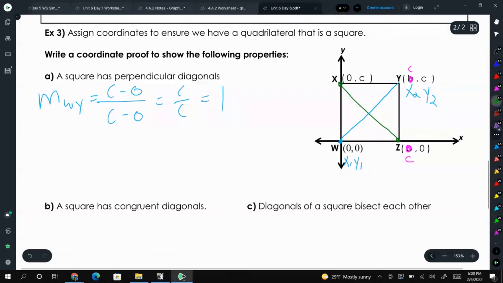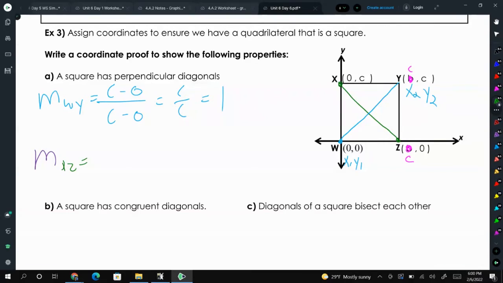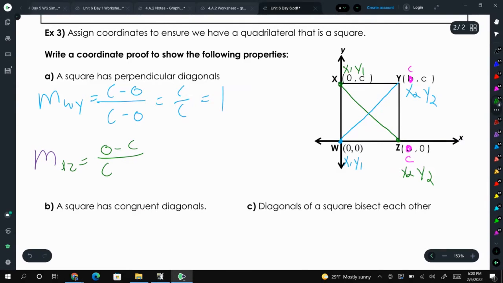Now we're going to do the same thing with the slope of XZ. So y2, 0, minus y1, c, over x2, c, minus x1, which is 0.